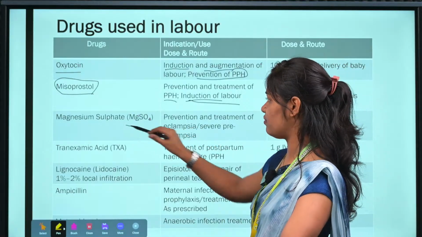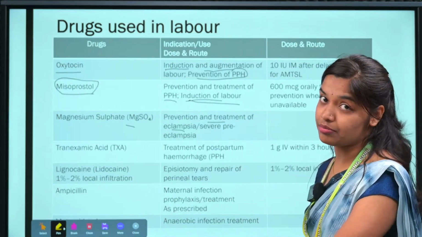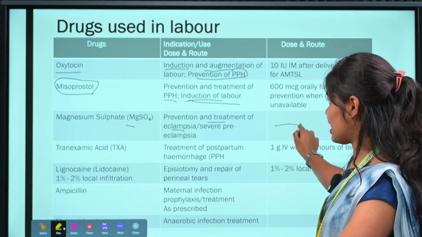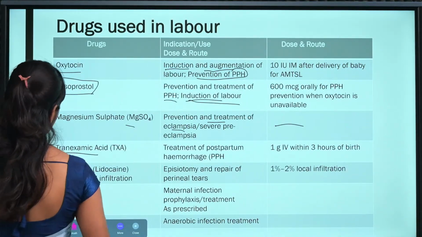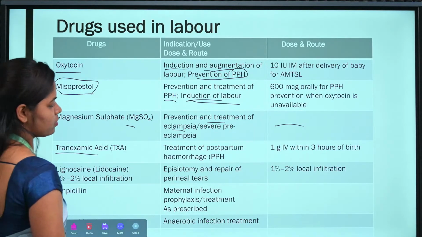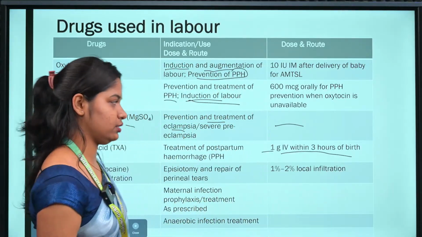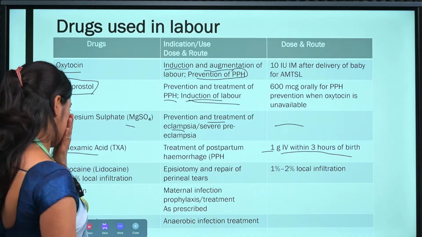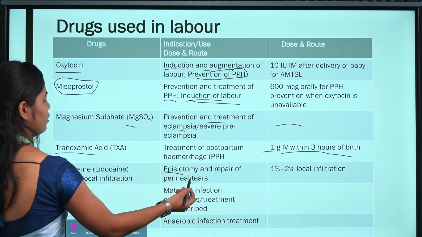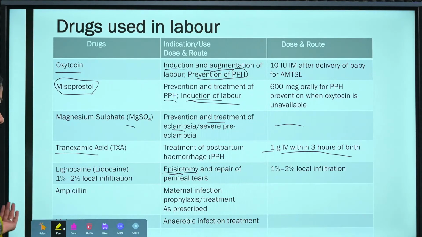Then magnesium sulfate to prevent and treat eclampsia and also in severe pre-eclampsia as prescribed. Next we give tranexamic acid to treat postpartum hemorrhage, 1 g IV within 3 hours of the birth. Then lignocaine 1 to 2% local infiltration for episiotomy, at the time of episiotomy and repair of perineal tears.